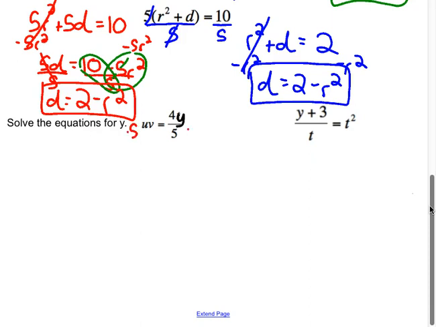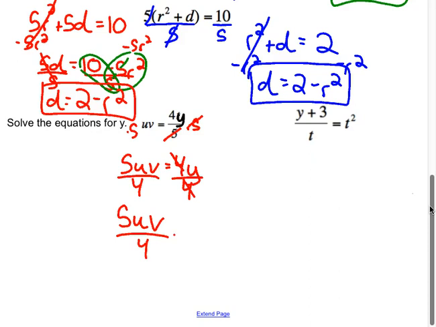So I would multiply both sides by 5 just to get rid of the fractional piece. It just sounds easier just to move that away, right? And then, of course, now I just have 4y left, still looking to get the y by itself. So we divide by 4. So 5uv over 4 is going to equal y.